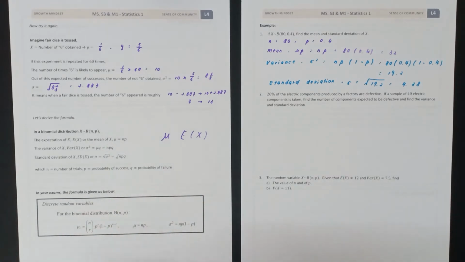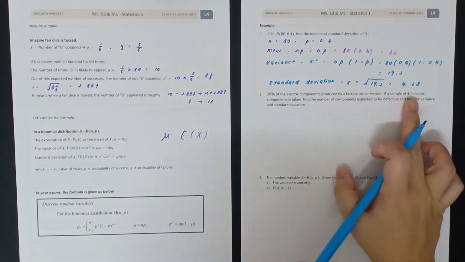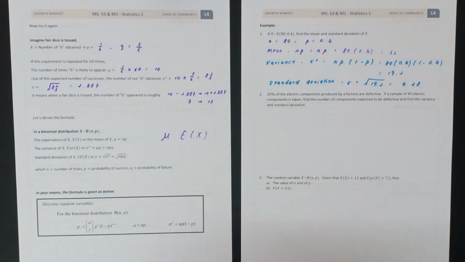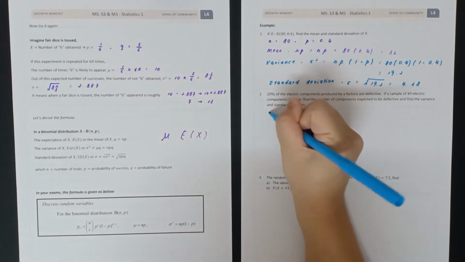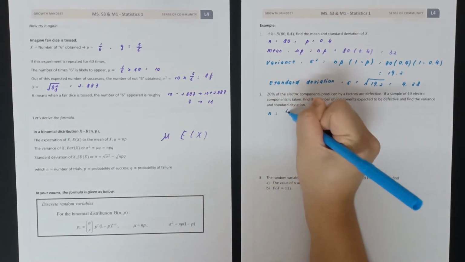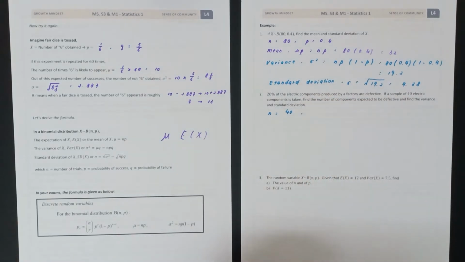So you need to understand what is given. You see a sample of 40 electric components, which tells you that the number of trials is 40. Then you need to see whether the thing you want to find is the same as the probability given. 20% of the electric components produced are defective.